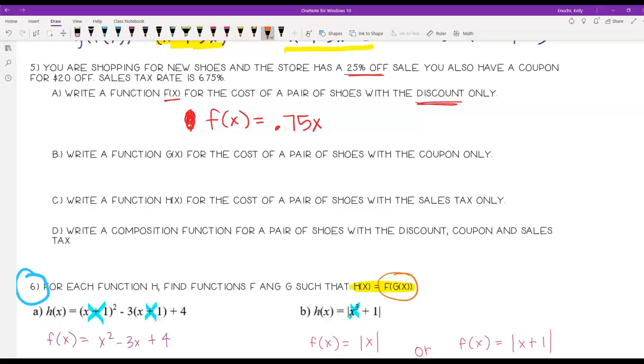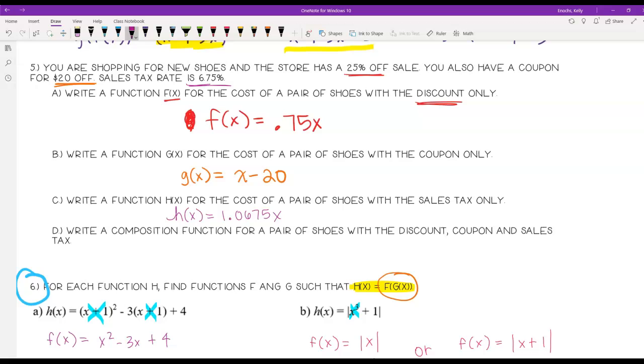Our function g of x is the pair with the coupon, and our coupon is $20 off, so we're going to take our original amount and we're going to subtract $20. H of x says that it's sales tax, and remember, sales tax is additional cost to the problem, so that's going to be 1.0675x.